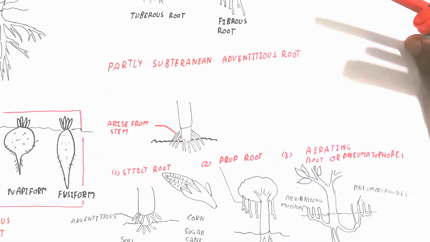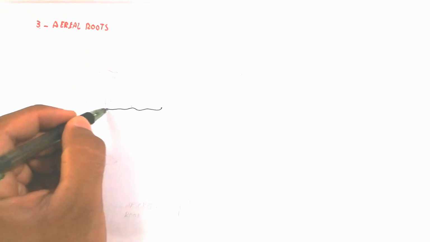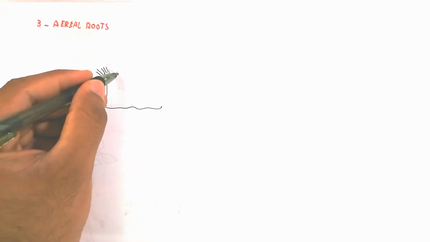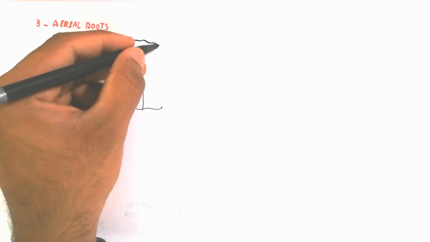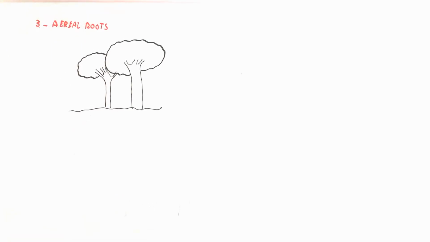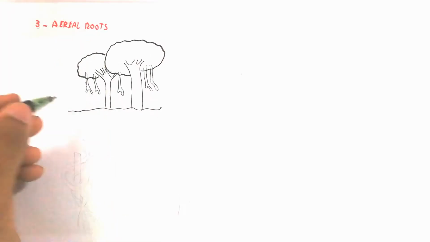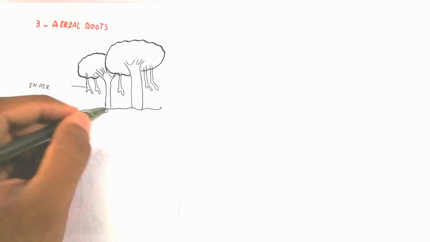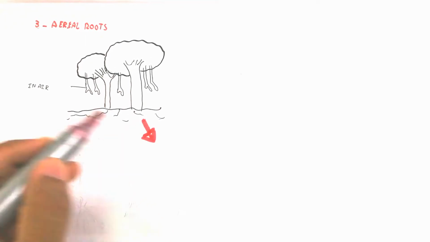There is another form of root known as the aerial roots, which arise in the air. Here the root is in the air, and the root captures the humidity from the air. There are two types of aerial roots: the climbing root and the absorbing root.